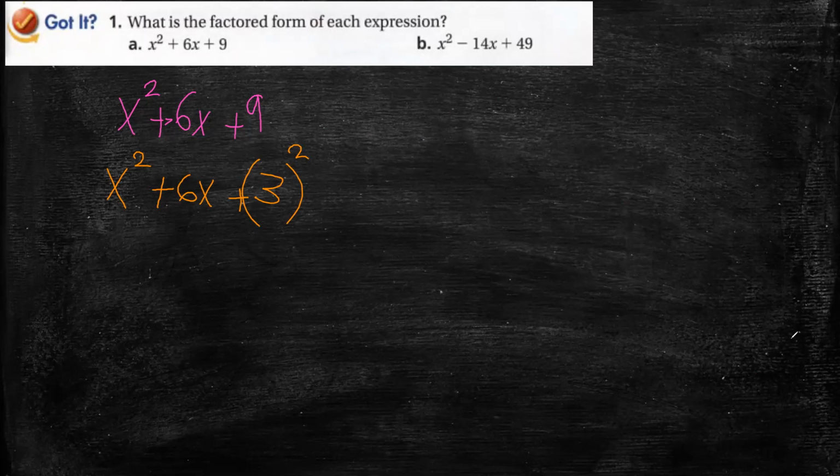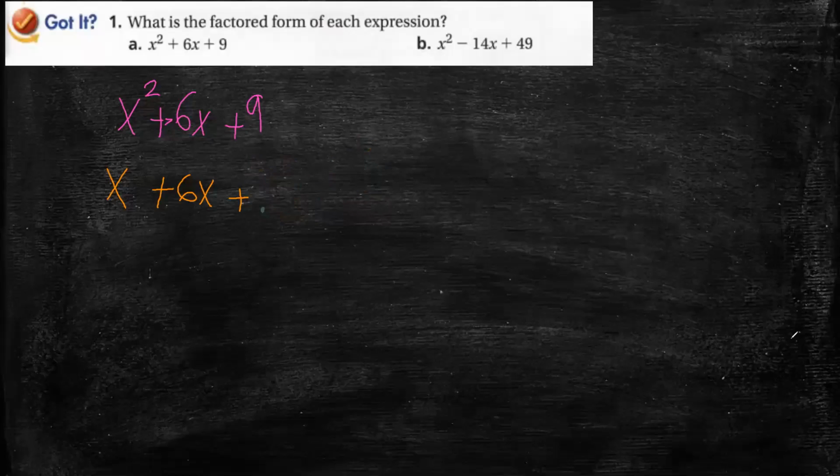Now, what did I tell you? I will do it in another step here. It's like this: x squared plus 6x plus 3 times 3.